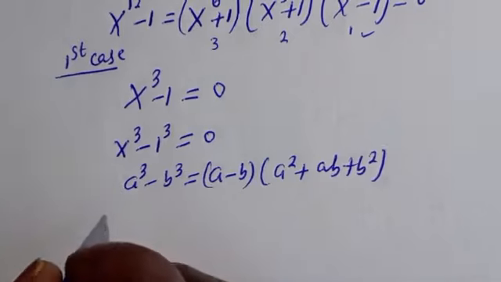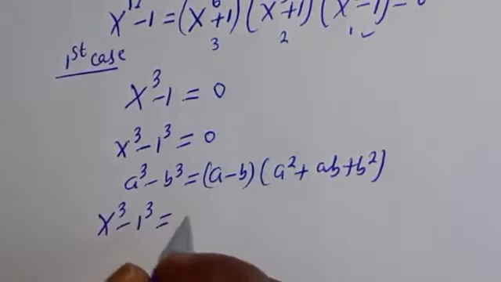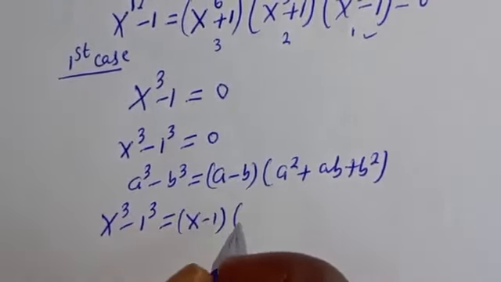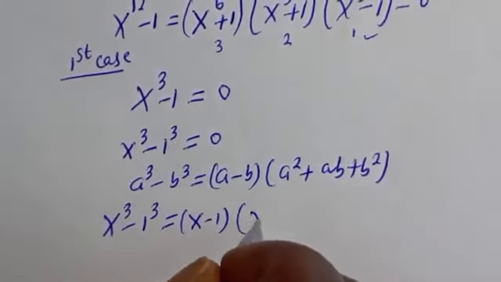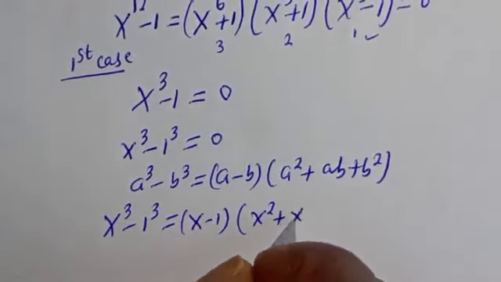So this is s raised to power 3 minus 1 raised to power 3 is equal to s minus 1 bracket s squared plus s plus 1, then equal to 0. And from here we have two cases. The first case is s minus 1 is equal to 0. Therefore s is equal to 1.